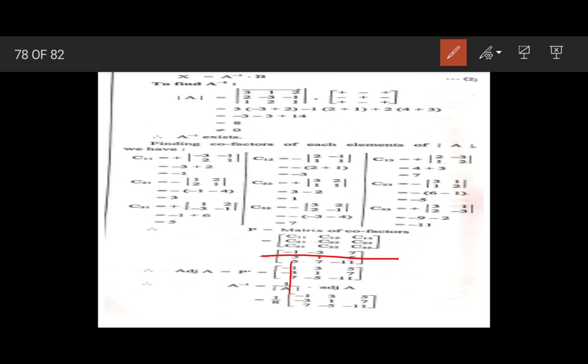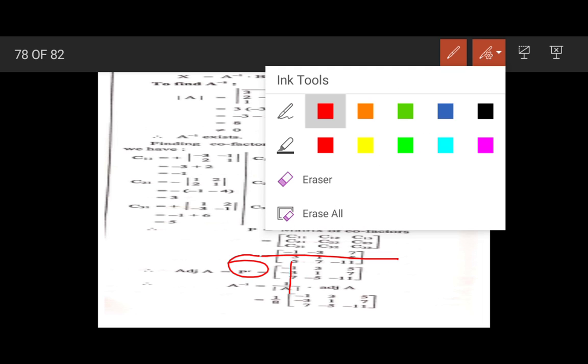So, by interchanging rows and columns, we get the transpose of P matrix. So, after getting the transpose of P, meaning adjoint of A, we have to find A inverse.